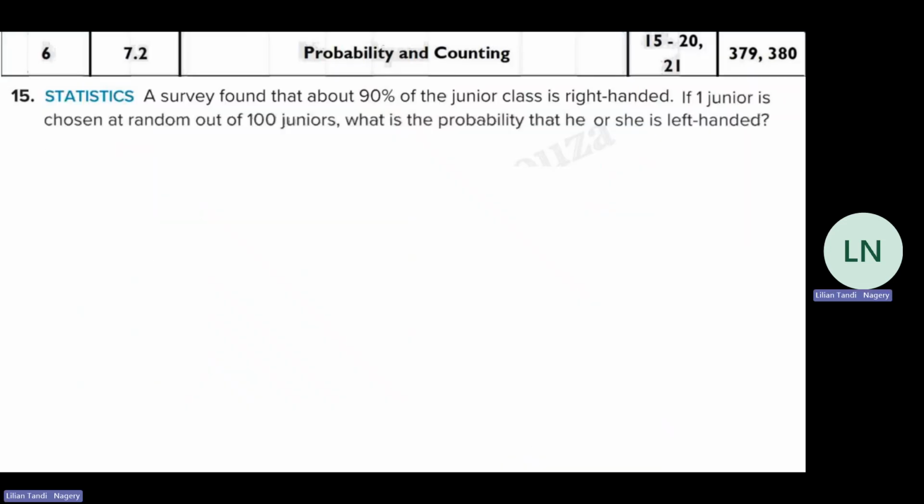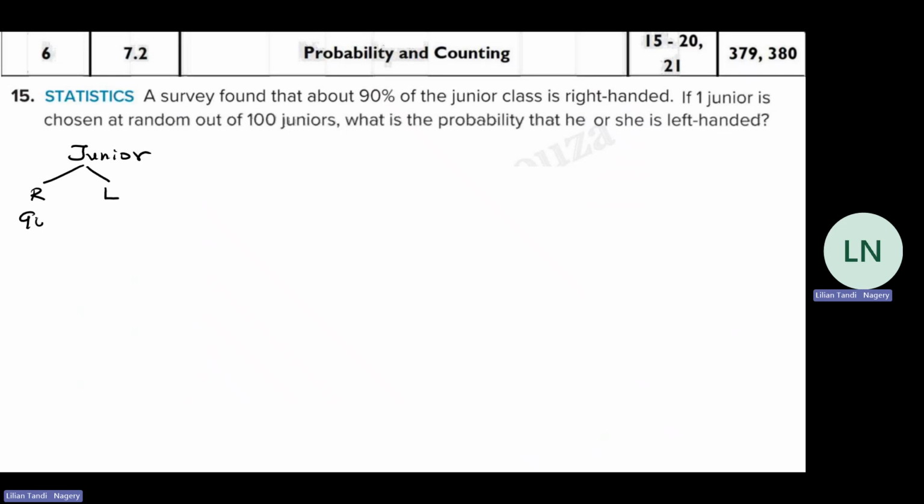Okay, let's do probability and counting. A survey found that about 90% of the junior class is right-handed. Okay, so junior class, right-handed. And if you're not right-handed, then you're left-handed in the junior class.